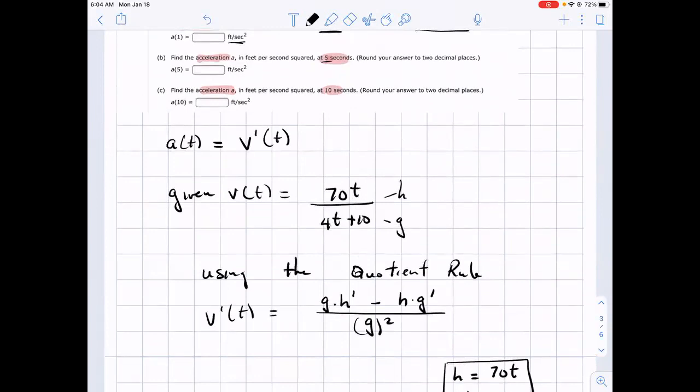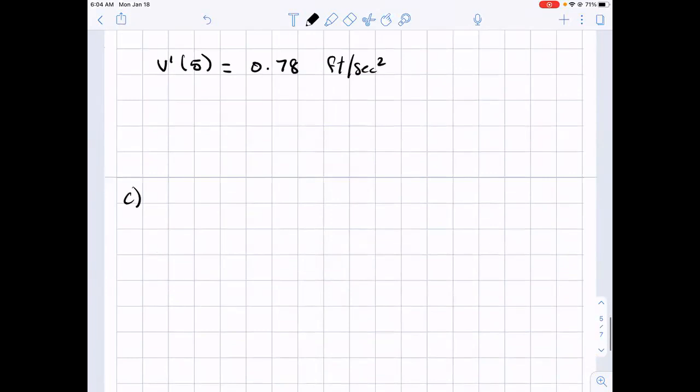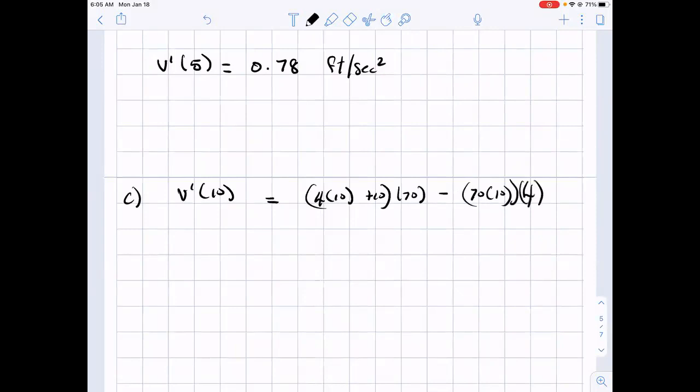And then the last part we want to do, part C: what is V prime of 10? Once again, you plug in your numbers, remembering the velocity function, so it'll be 4 times 10 plus 10 times 70 minus 70 times 10 times 4 over 4 times 10 plus 10 squared.